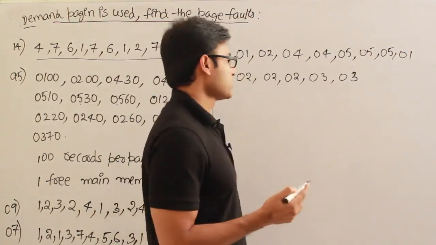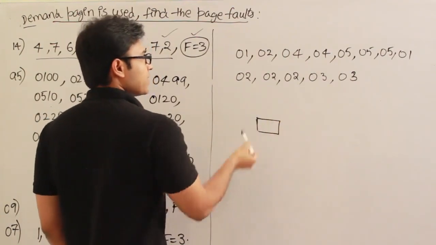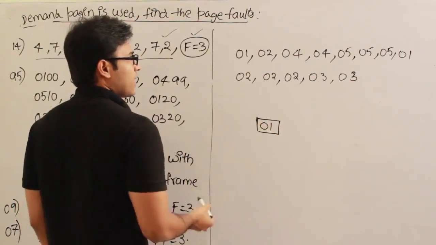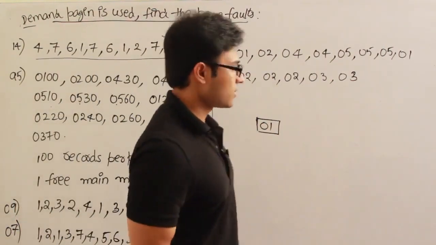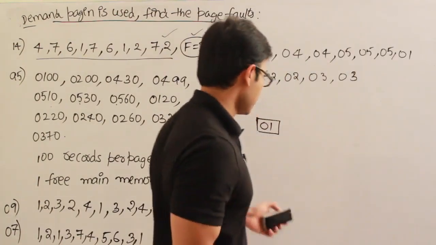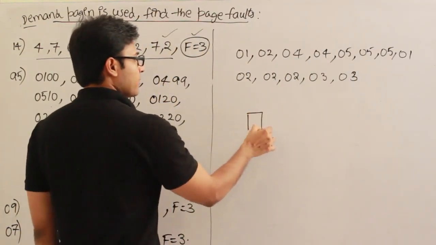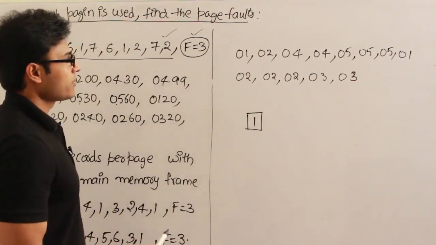So what I mean to say is, since they have only one frame, initially let us say it is taking page number 1. Everything is having zeros, so we need not use the zeros, just to keep things simple. So initially they want page number 1, so page number 1 will be loaded, and next they want page number 2.